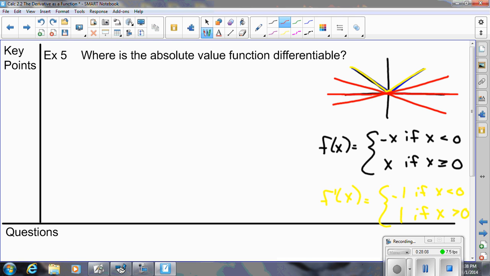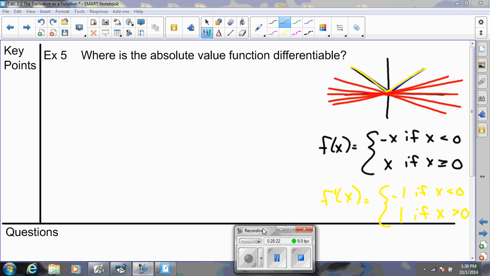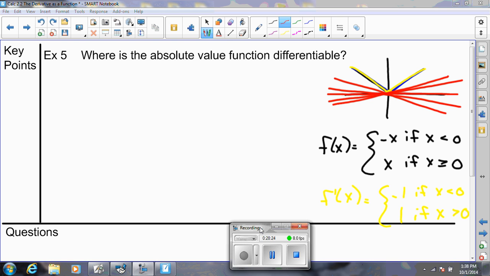We can have a lot of different tangent lines that just barely glance at this peak of the absolute value and keep going. This is where we run into a problem, because when we say the derivative, we're saying the slope of the tangent line, one tangent line. But here we don't have one tangent line, so the derivative does not make sense. It's undefined if x equals 0.